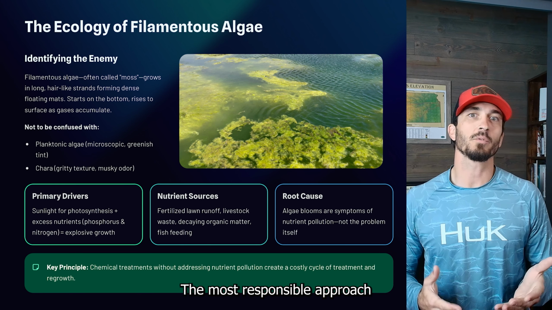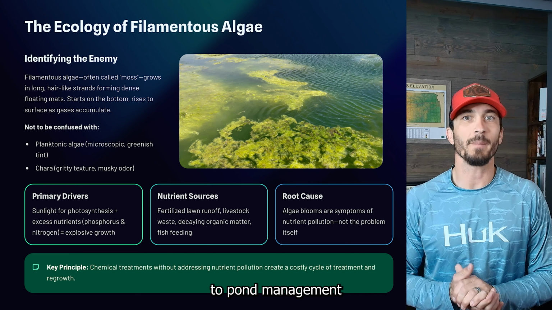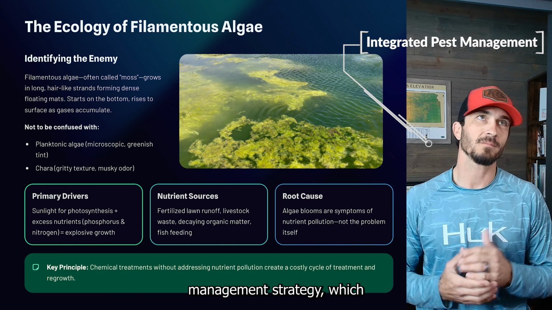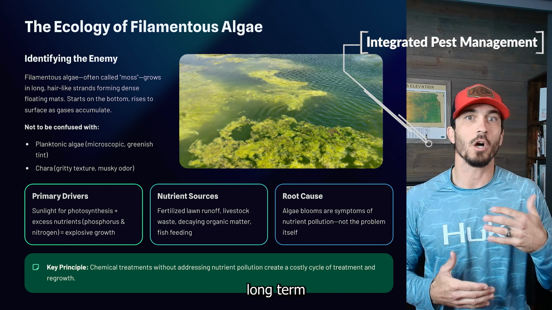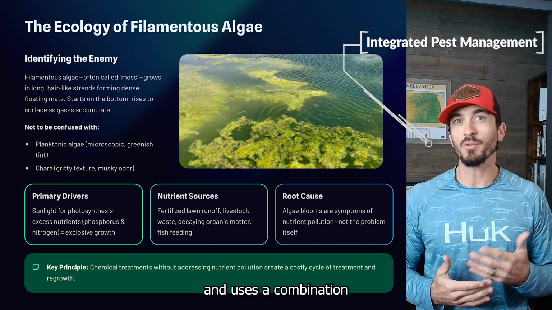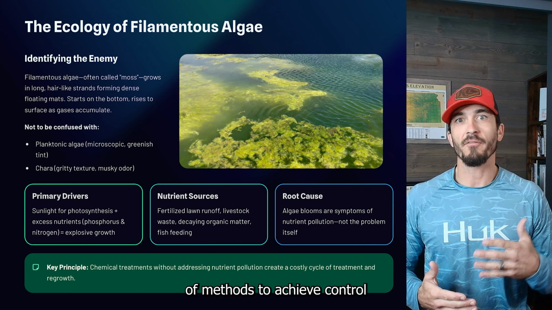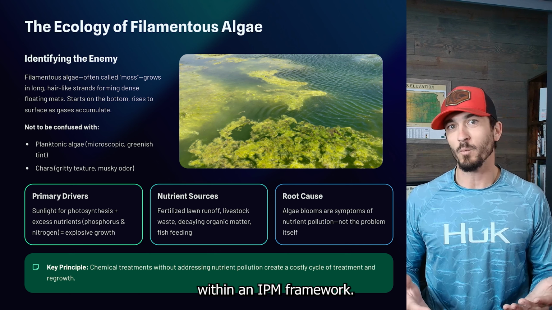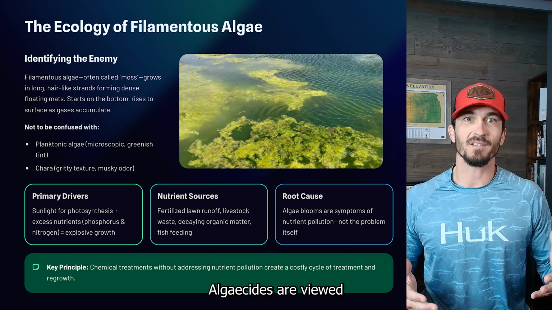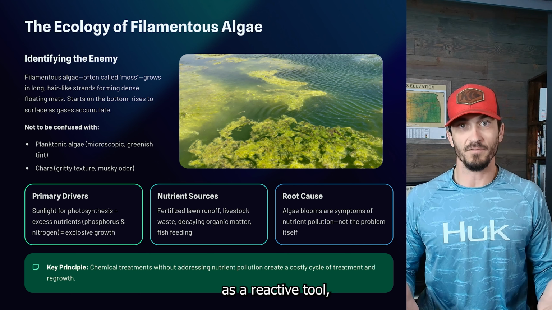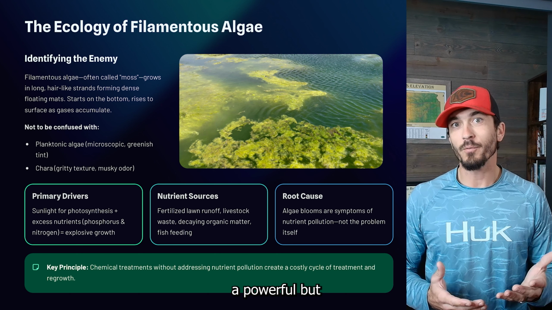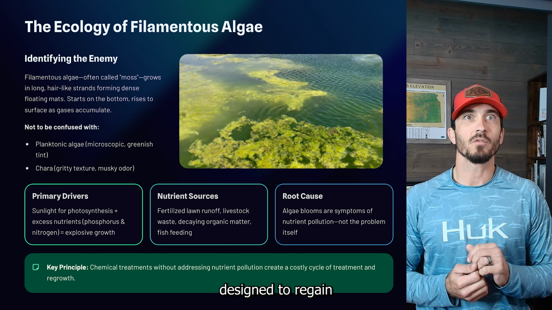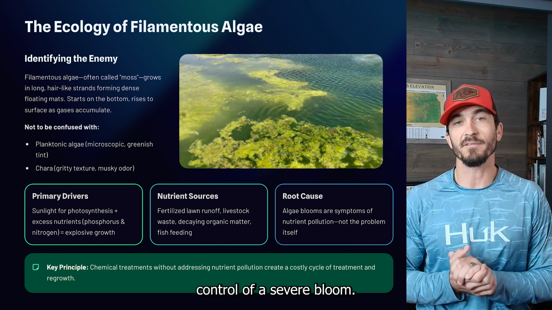The most responsible approach to pond management is an integrated pest management strategy, which prioritizes long-term prevention and uses a combination of methods to achieve control. Within an IPM framework, chemical algicides are viewed as a reactive tool, a powerful but temporary intervention designed to regain control of a severe bloom.